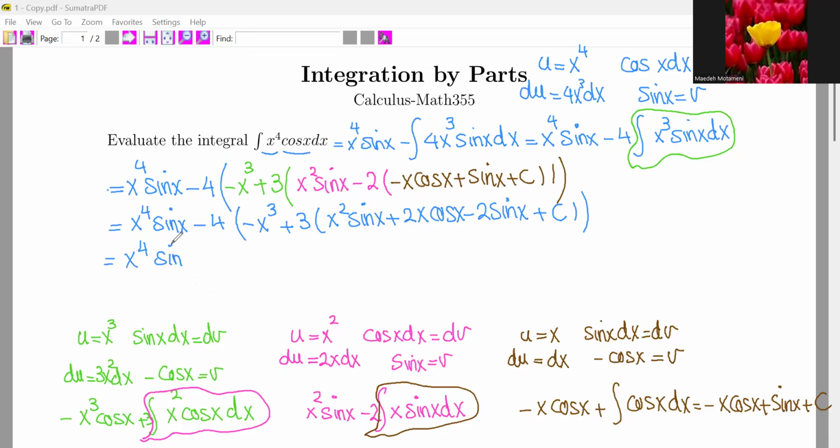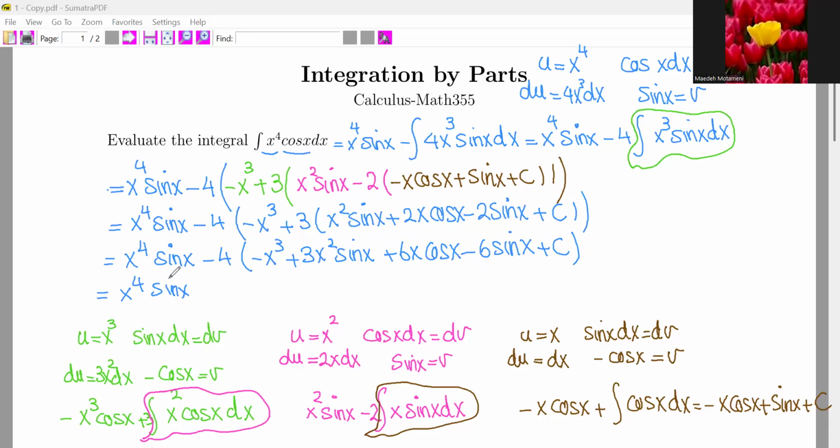That would be x to the 4th sine of x minus 4 times negative x cubed plus 3x squared sine of x plus 6x cosine of x minus 6 sine of x and plus c here. And lastly, x to the 4th sine of x. Now, multiplying negative 4, we would have plus 4x cubed, so in here, we have a negative here.